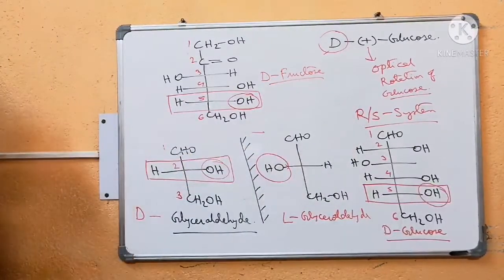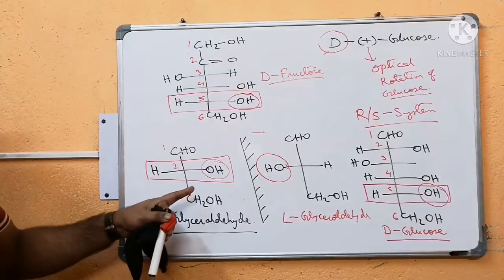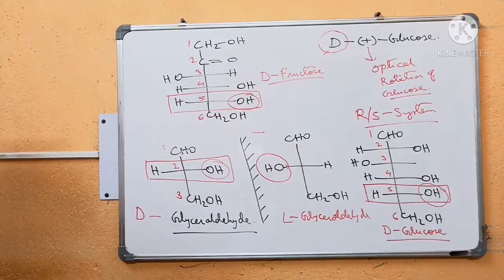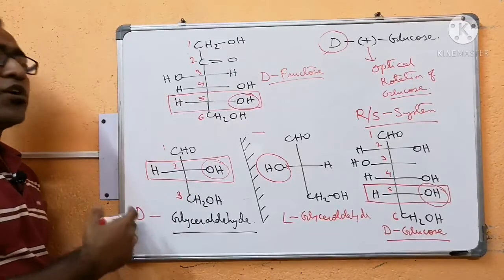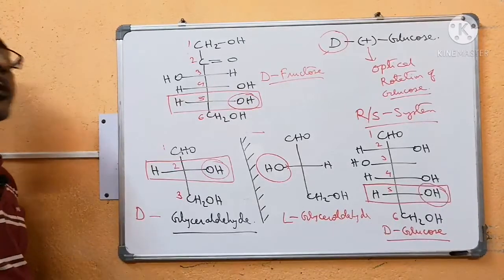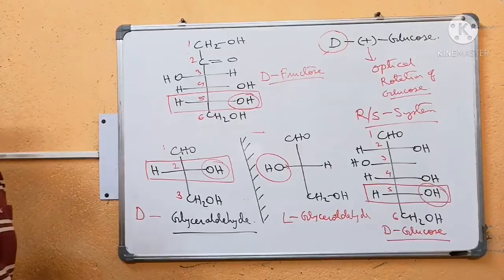So we have learned why glucose is called D-plus glucose. D is due to the relative orientation of the OH group. If the OH is on the right hand side, we call it D; if on the left hand side, we call it L. The plus and minus are about the optical rotation.